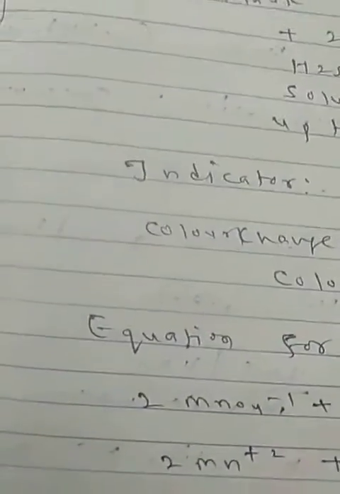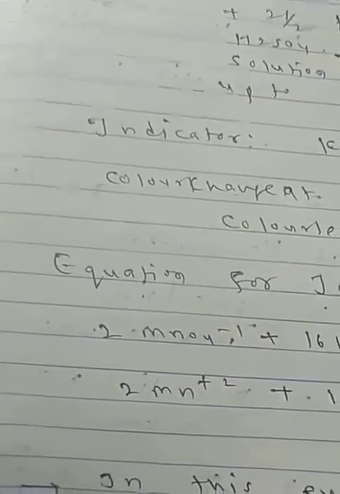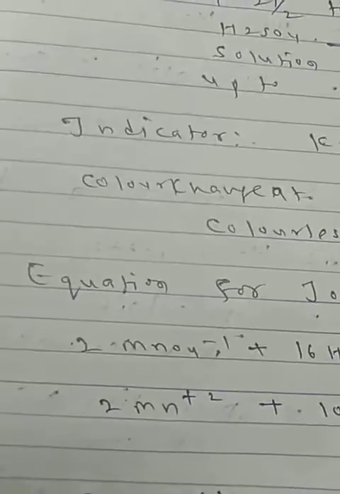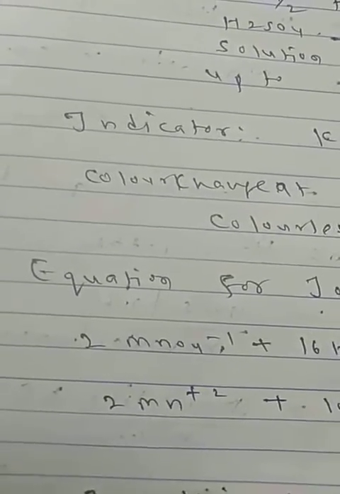Okay. Now the equation for the ionic redox reaction. Write it, first of all, then I will make you understand. From KMnO4 cut the K: 2 MnO4 minus 1, plus from sulfuric acid write 16 H ions. From oxalic acid cut the H ions, you write only C2O4 minus 2, 5 molecules, then an arrow.